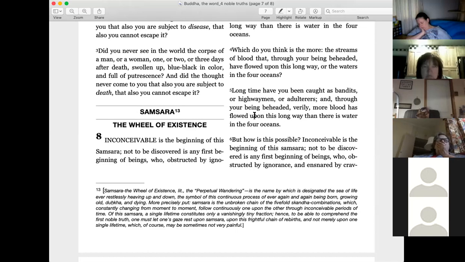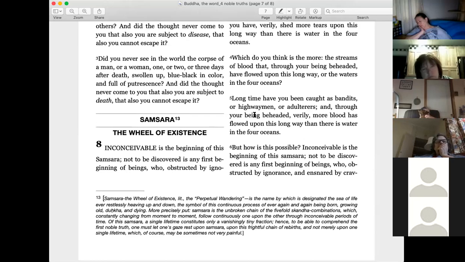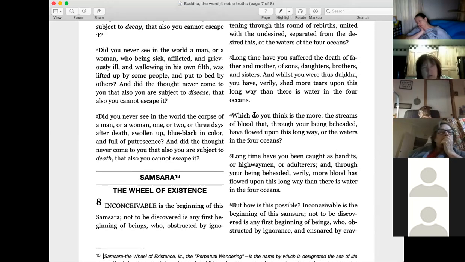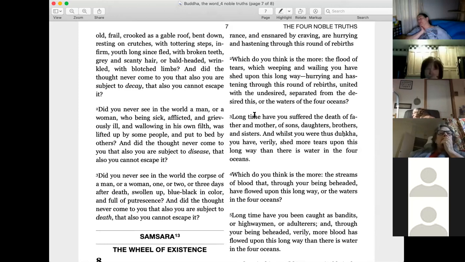No one is ever going to be able to discover the very beginning of what it was to be alive. And certainly anyone who's obstructed by ignorance or who's caught by craving, hurrying and trying to get through all of their lives, is not going to understand the origin.